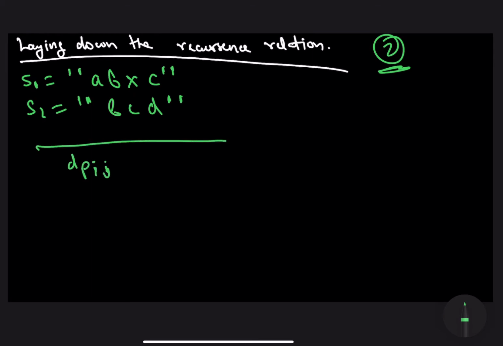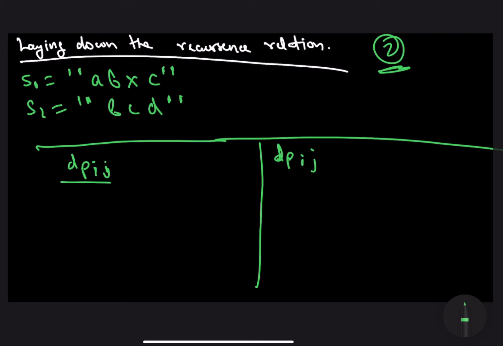Now we need a mechanism to solve it. All right, so we need a recurrence relation, and this recurrence relation will actually depend on two different cases. So the first case is DP of i comma j. The recurrence relation will be different in two different cases. The first case is if S1[i] equals S2[j], and the second case is S1[i] is not equal to S2[j].